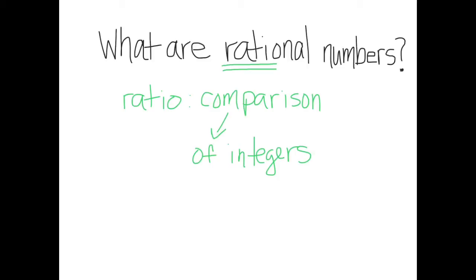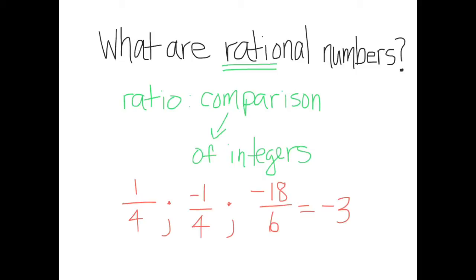So an example of a rational number could be 1 over 4. 1 and 4 are both integers. It could also be negative 1 over 4, because negative 1 and positive 4 are both integers. It can also be negative 18 over 6, which actually reduces to negative 3.